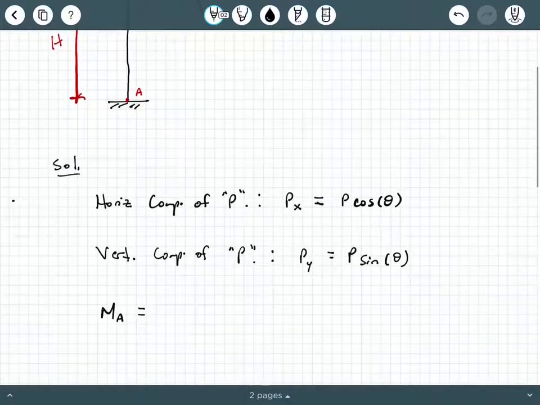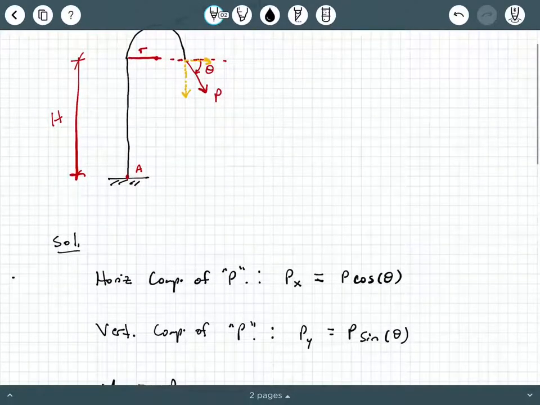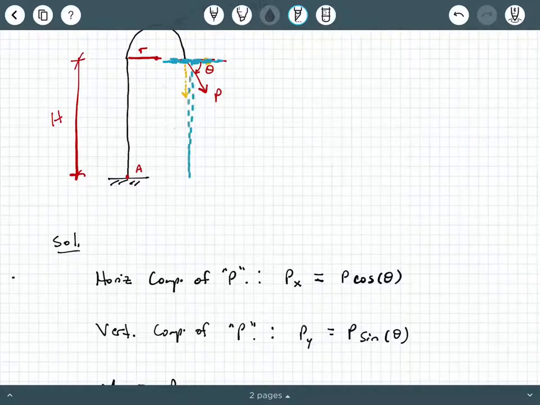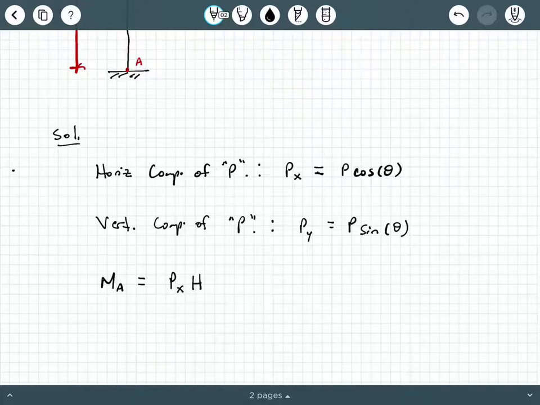The moment about A equals, of course, P sub x times the perpendicular distance. Px is horizontal, so the perpendicular distance is this dimension h. So we're going to say Px times h.